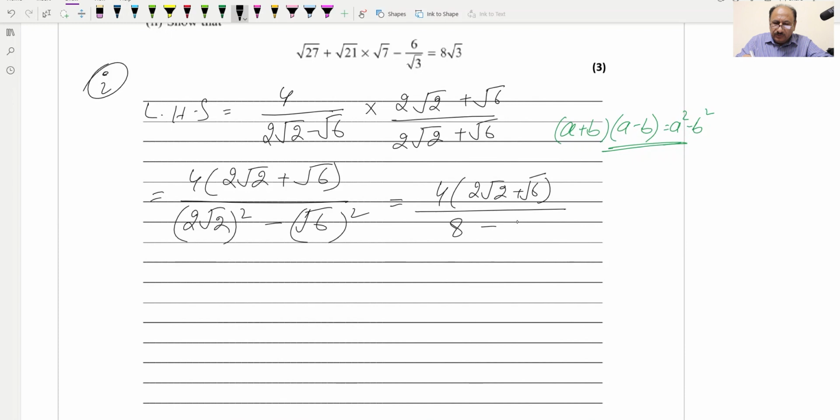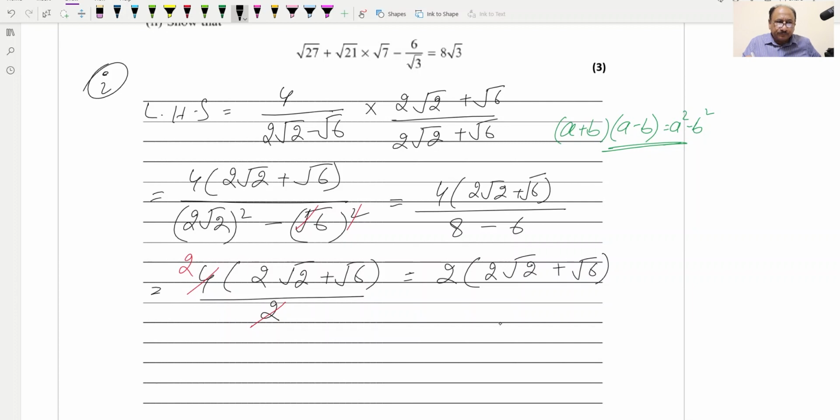So 8 minus 6, the square and square root will be cancelled, and our next step will be 4 into 2 under root 2 plus under root 6 divided by 8 minus 6, which will be 2, and now we can cancel, 2 will be cancelled with this, and we'll get 2 over here, and our answer will be 2 into 2 under root 2 plus under root 6.